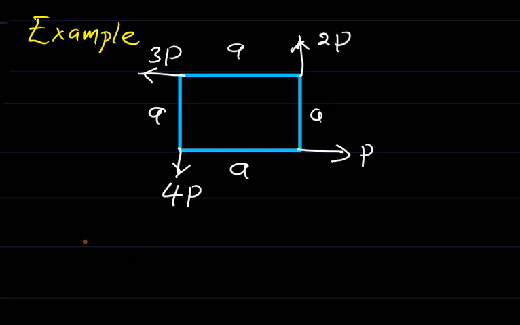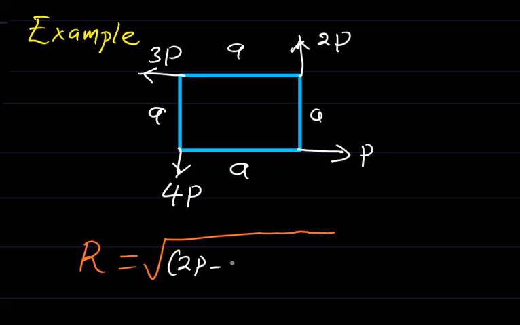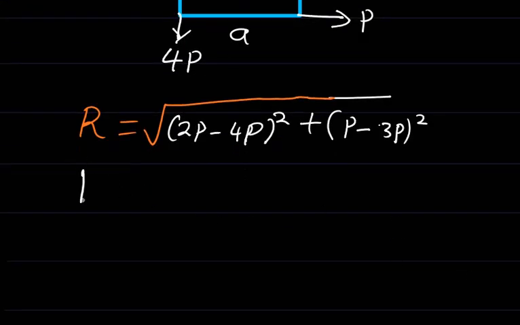So to solve for the resultant, of course, we're going to have the vertical component of the forces squared. In this case, I'm having 2p minus 4p, squared, plus the horizontal component, which of course is p minus 3p, all squared.